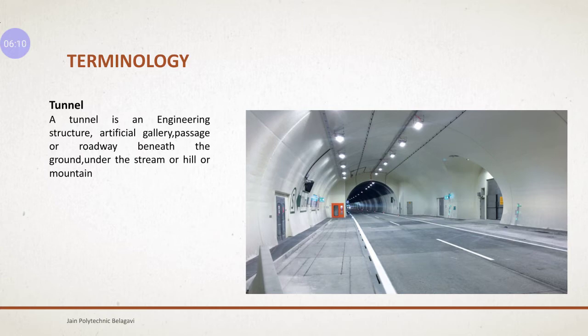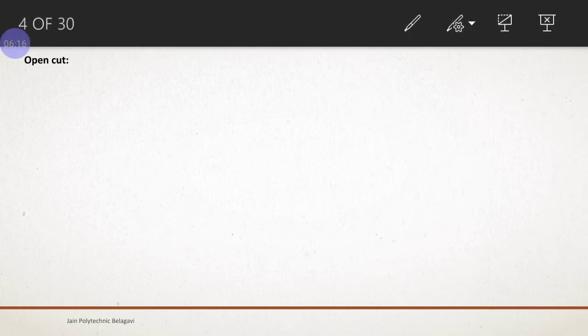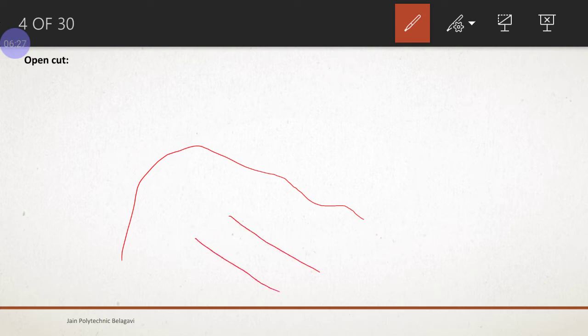Next is open cut. Now what is this open cut? To understand what is open cut, consider there is a mountain like this, and you want to construct a road from here.